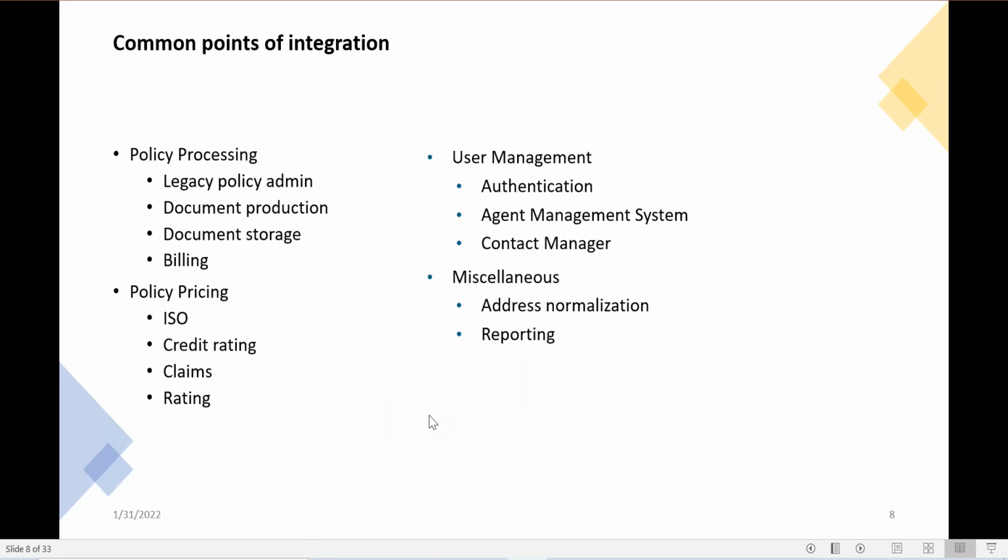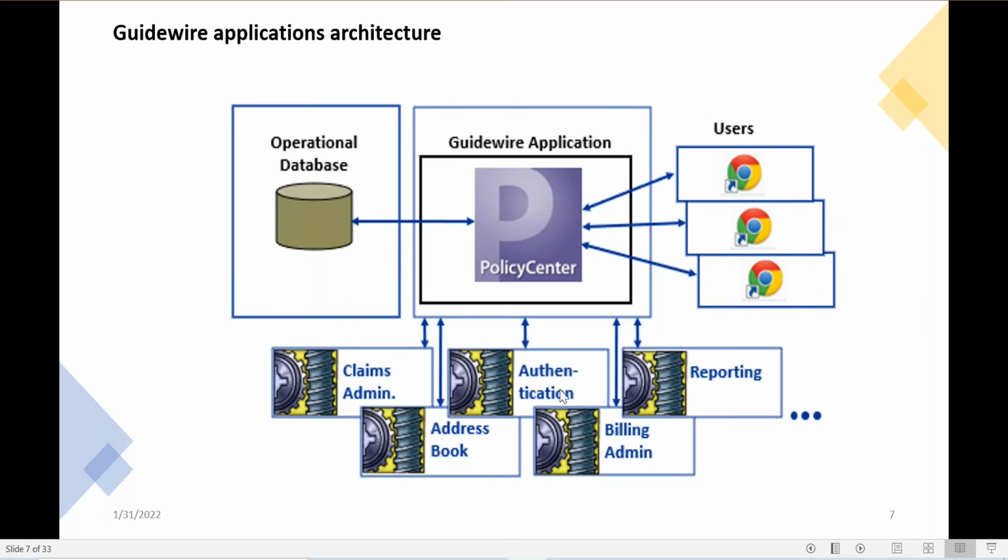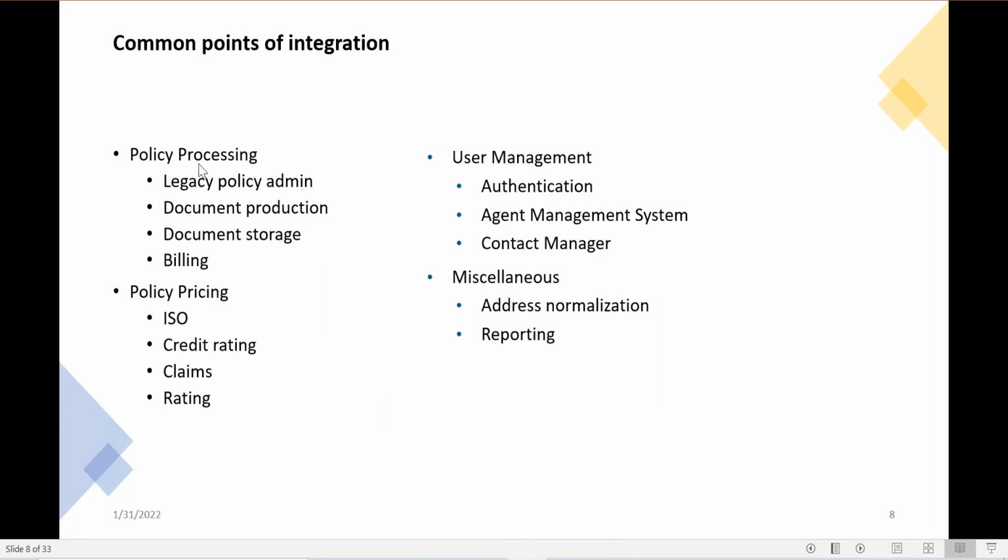Okay. Now here we have seen a couple of integration points, but what are the actual integration points? You see that there are different types of integration which Guidewire Policy Center does with different third-party systems. We have legacy policy admin, production system, storage system, billing system. This is for rating, how credit rating happens, claims rating, and authentication, agent management system.